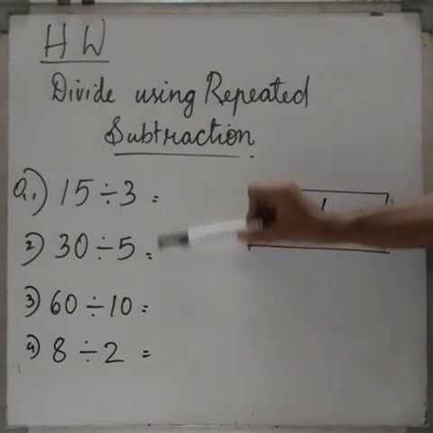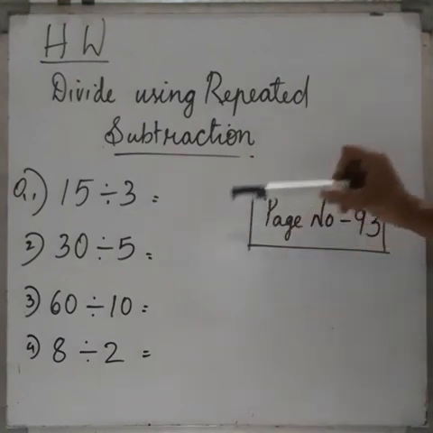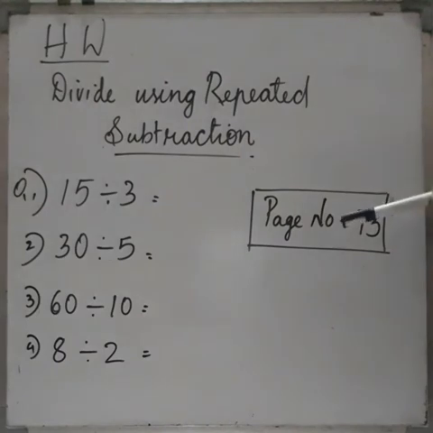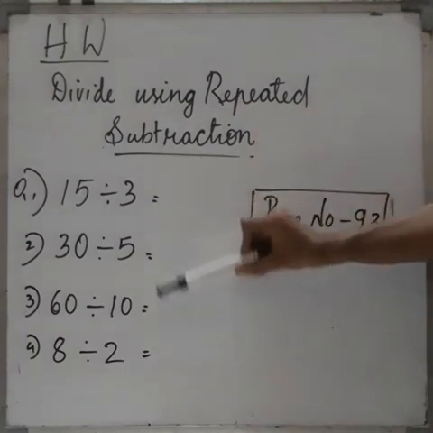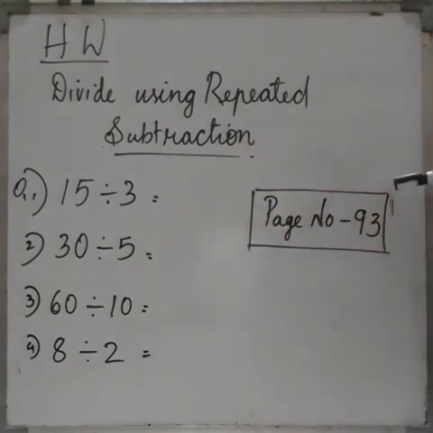These 4 questions you solve in your rough notebook and in your textbook, page number 93. Do it in the textbook itself. Okay. Complete these 4 calculations in your rough notebook and in your textbook, page number 93.